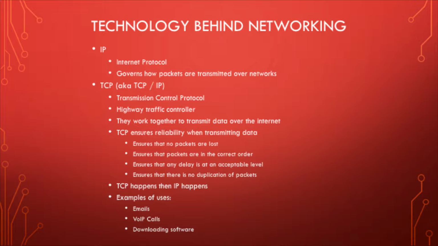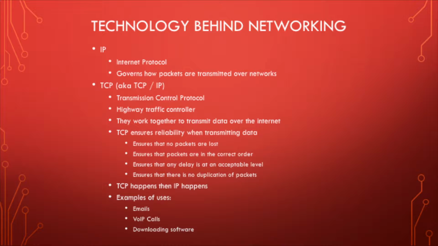TCP, also known as TCP/IP, is Transmission Control Protocol. It's kind of like a highway traffic controller. TCP and IP work together to transmit data over the internet as a whole. TCP ensures reliability when transmitting data over the internet.